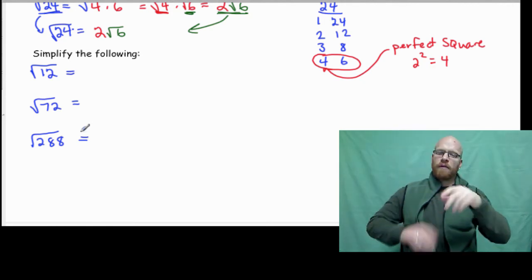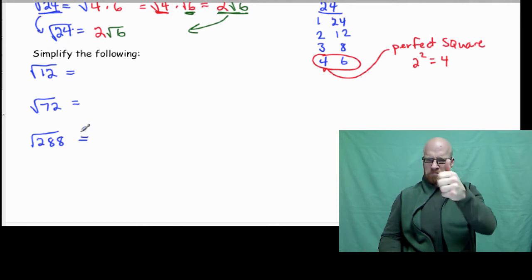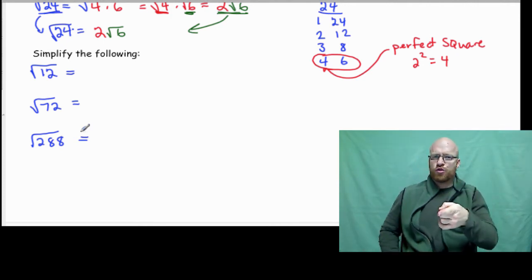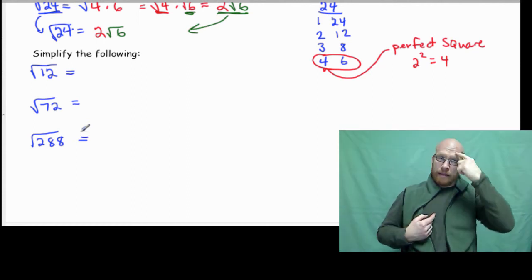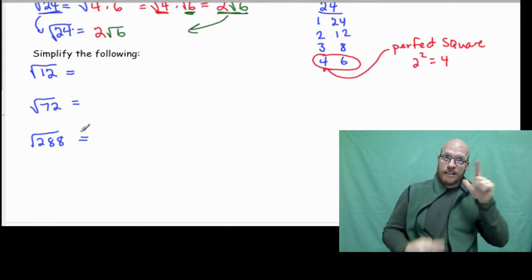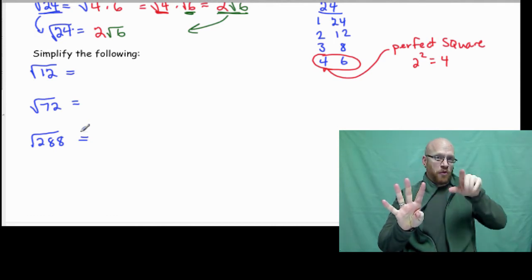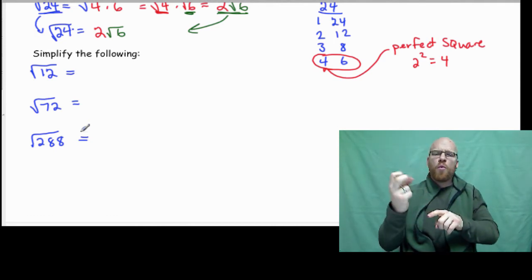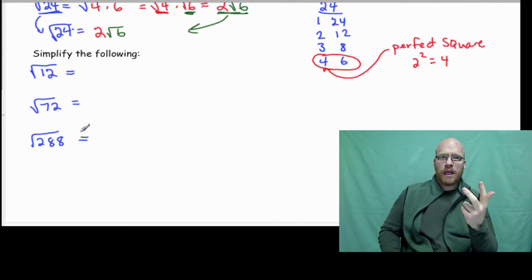Okay, so we have 3 examples to work on with numerical examples. None of them are perfect squares in and of themselves, but they contain factors that are perfect squares. If we think about 12, we just said 24, 4 times 6. We know 4 is a perfect square. Now look at 12. There's a 4 there. So if we divide by 4, there's a 3.